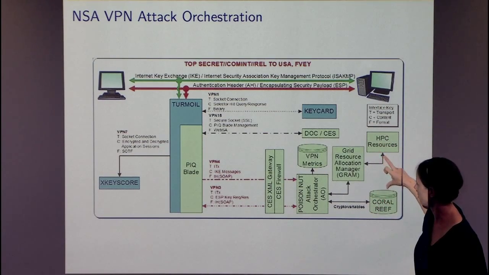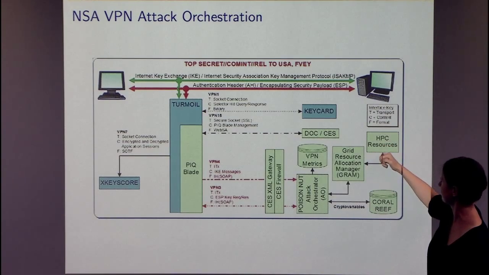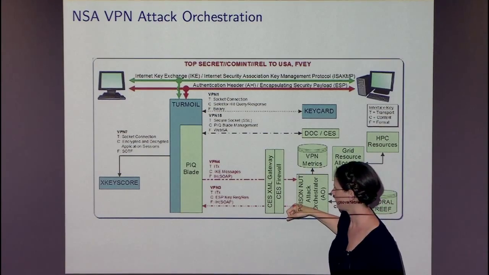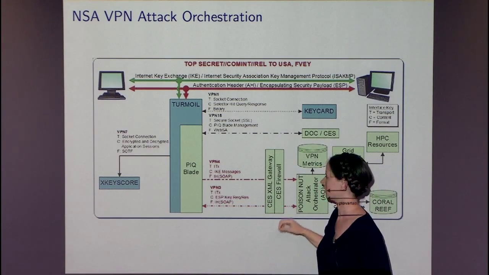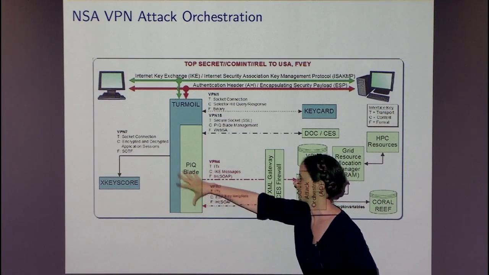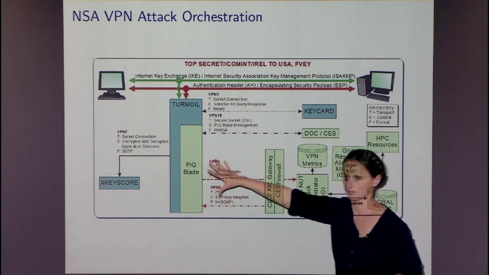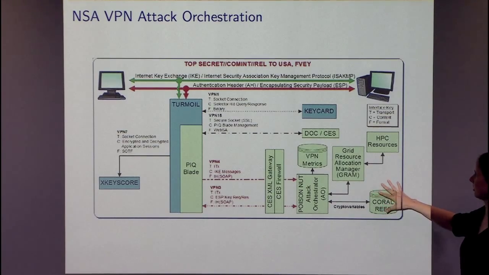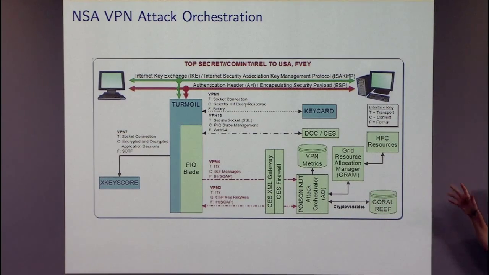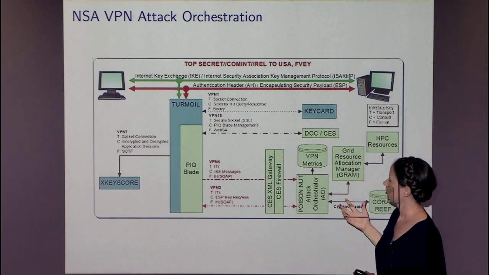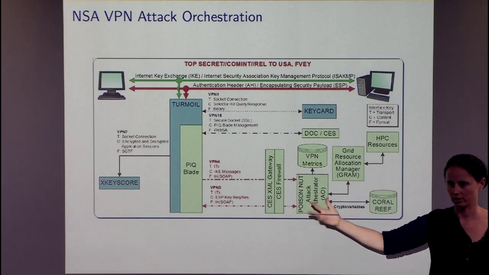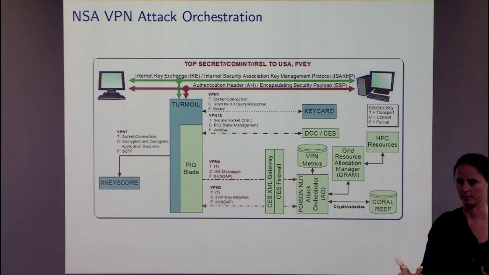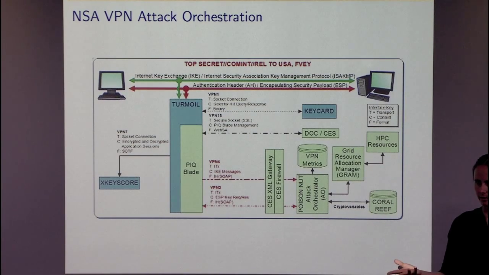If the pre-shared key is known and the high-performance computing resources come back with a success, then they are able to send back the decryption keys, and then the decrypted data goes into some databases. This is what their infrastructure for decrypting this stuff looks like. So the big picture is they take this handshake, they send it to some big computers, they come back with the symmetric shared secret, and they decrypt everything.